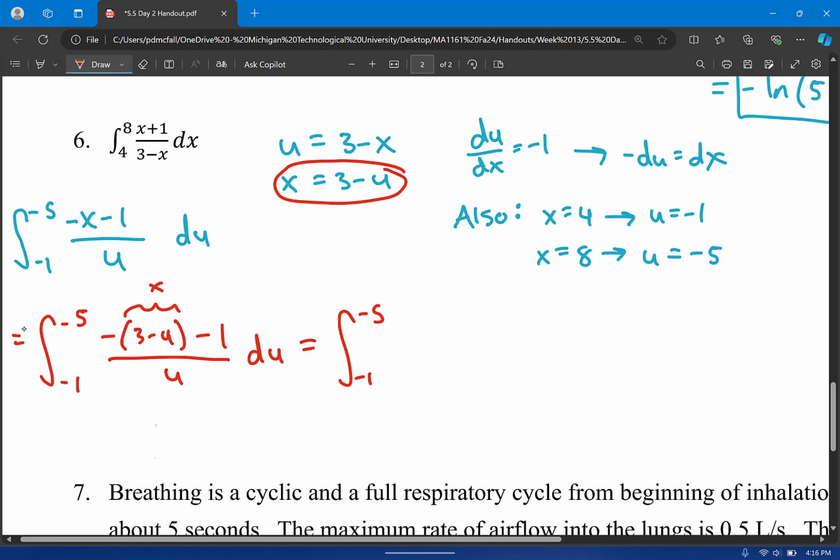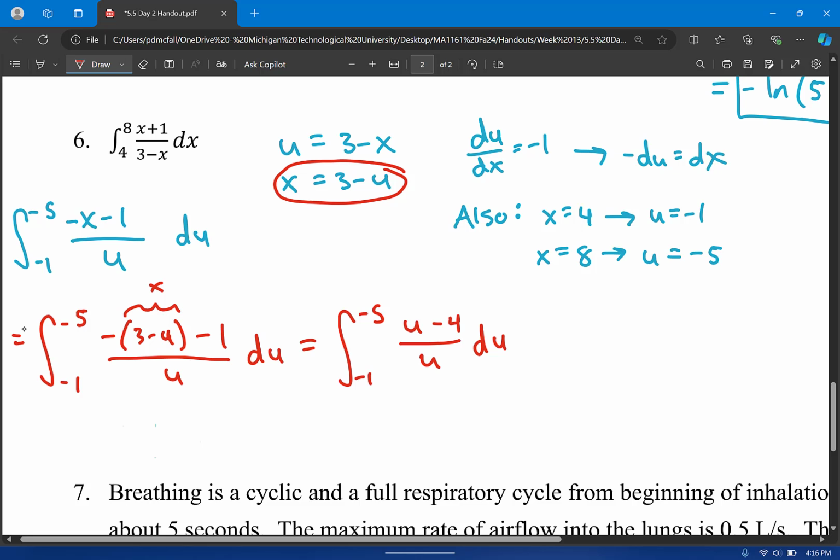So distribute that minus sign through, you get minus 3 plus u, and then -1. So you really have u minus 4 over u du. So -3 minus 1 is -4, minus u is plus u. So that's what it turns into.